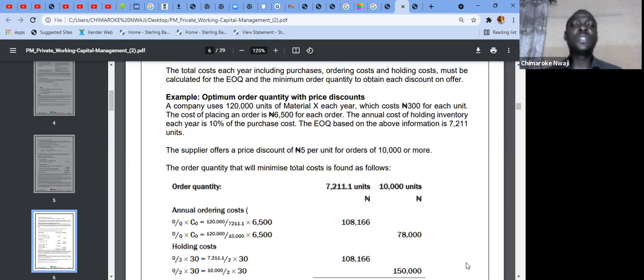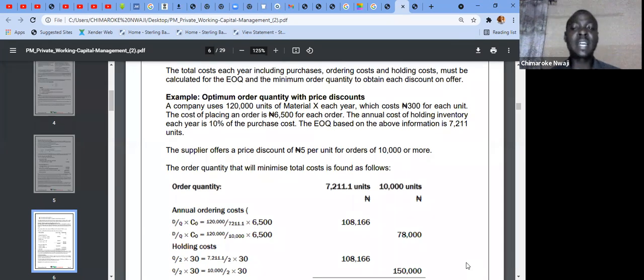The company uses 120,000 units of material X each year, which costs 300 naira for each unit. Now, this is the same question. Now, the part I want to read now is the supplier offers a discount of 5 naira per unit for orders of 10,000 units or more.